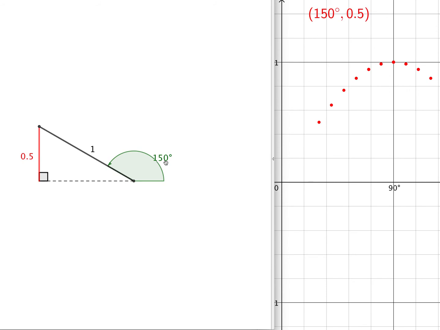At 150 degrees, this is a 30 degree angle in the triangle, giving opposite side 0.5 over hypotenuse 1. So sine 150 degrees is 0.5. Sine 30 degrees was 0.5. Sine 150 degrees is also 0.5.